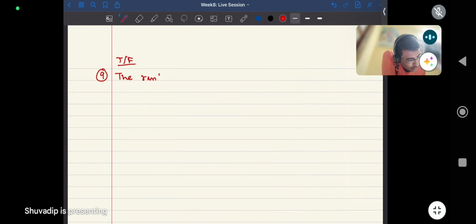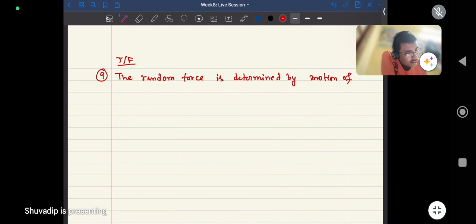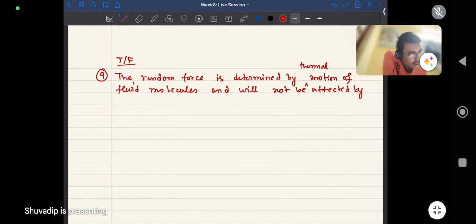The random force is determined by the thermal motion of fluid molecules, and will not be affected by the potential U of x acting on the particle.